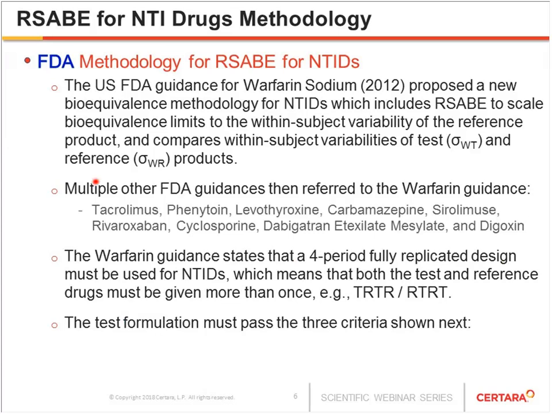Multiple other FDA guidances have also referred to this warfarin guidance, and these are listed here. The warfarin guidance states that a 4-period, fully replicated design must be used for NTIDs, which means that both the test and the reference drugs must be given more than once. An example design is TR-TR-RT-RT. The test formulation must then pass the following 3 criteria.